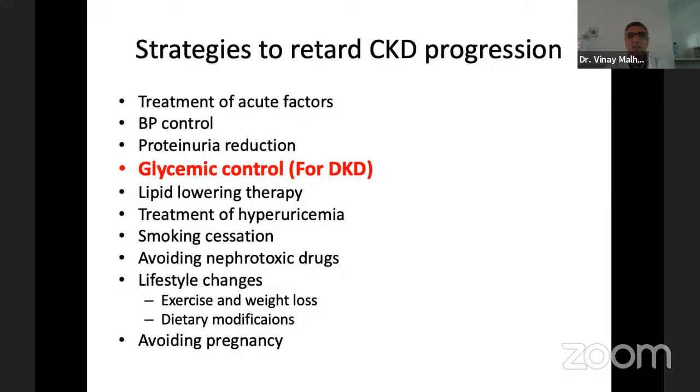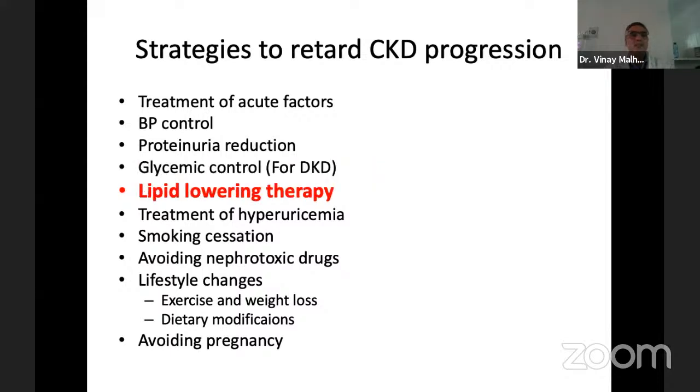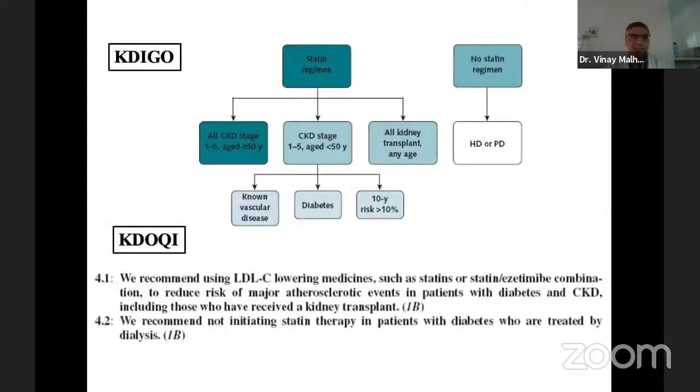So glycemic control is important, but remember, once the patient has progressed to overt diabetic nephropathy, control of blood pressure becomes more important than glycemic control. Then you have to look for the lipid lowering therapy. You can use statins, but you should avoid the toxic combination in patients of CKD because the chances of muscle injury are always there.